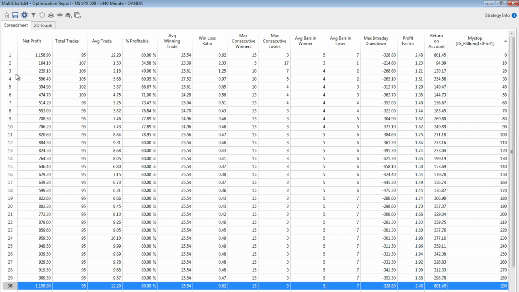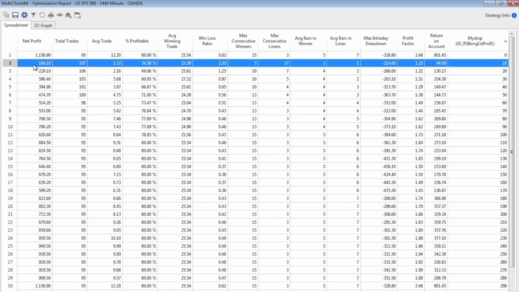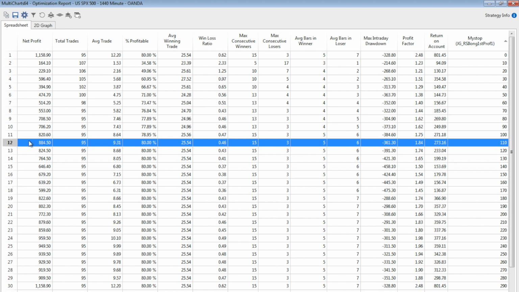So looking down the net profit, we can see how it starts very small and then it starts to increase, and we get to around this area where it's maximum. And average trade, again, we've got maximum kind of average trade, net profit, we've got an 80% win rate, around about 110 ticks.